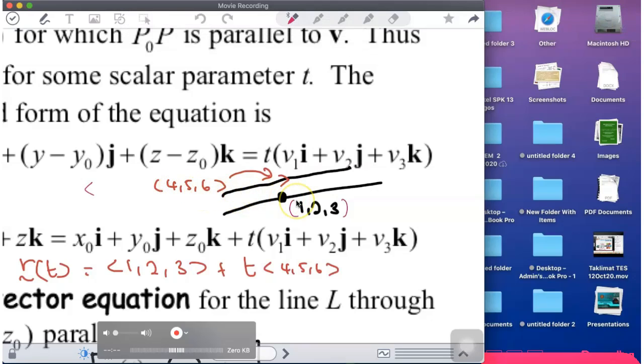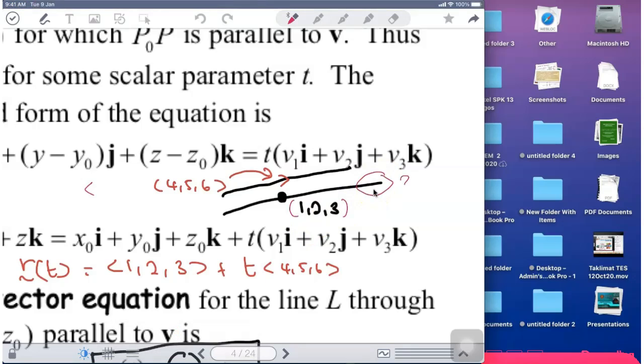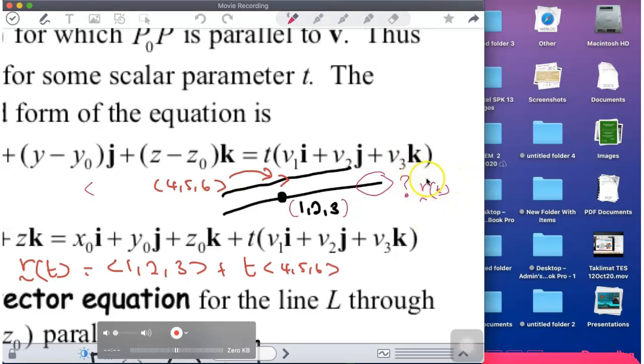So what is the formula that you have to use to obtain the vector function of this line? r(t) is a vector function, the vector function of this line.